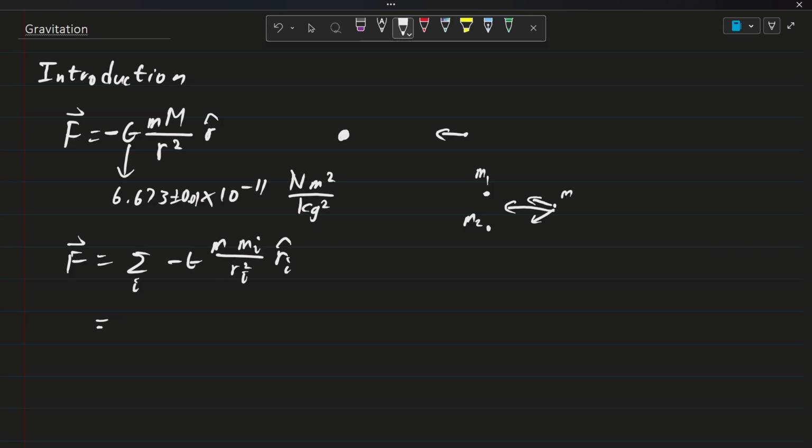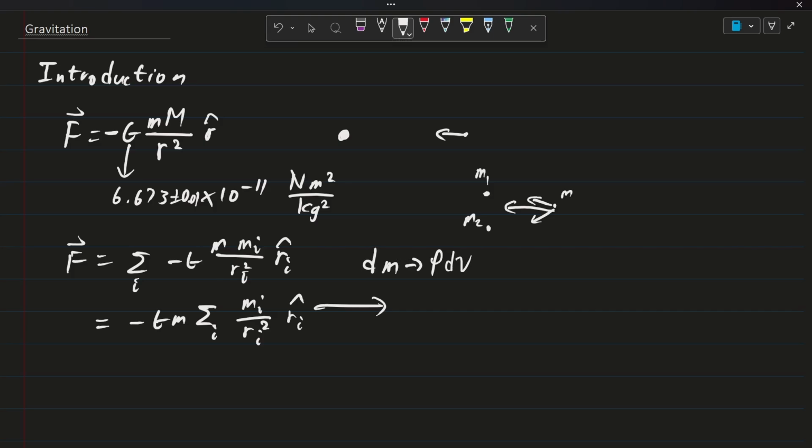If we rearrange this, it is negative G m, sum over i of mi over ri squared ri hat. Now this is only for discrete masses, so if you want to make this continuous, you just turn the m into rho dV.